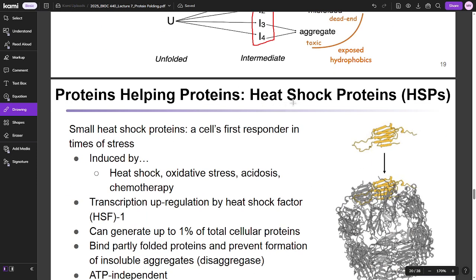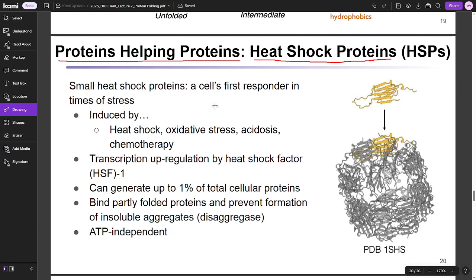Well, that's where we get to helper proteins, such as the heat shock proteins. These are the cell's first responders, and these heat shock proteins are induced by, you guessed it, heat shock. So heat or oxidative stress or acidosis or chemotherapy.